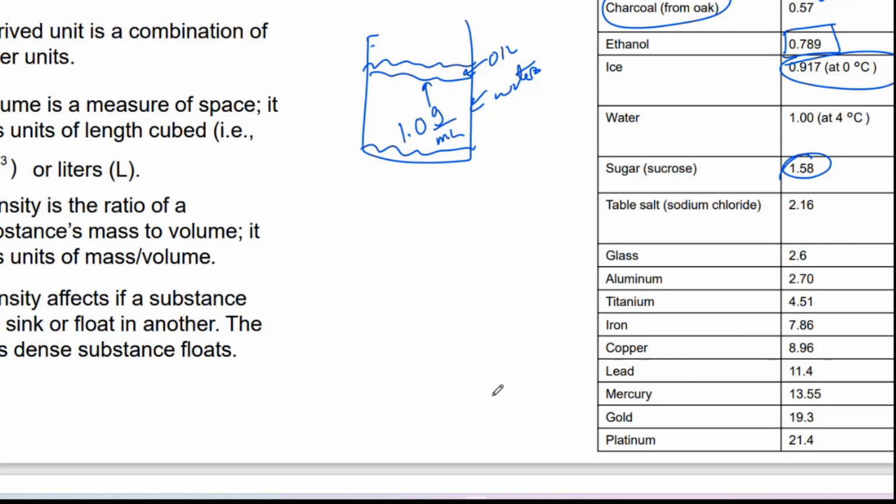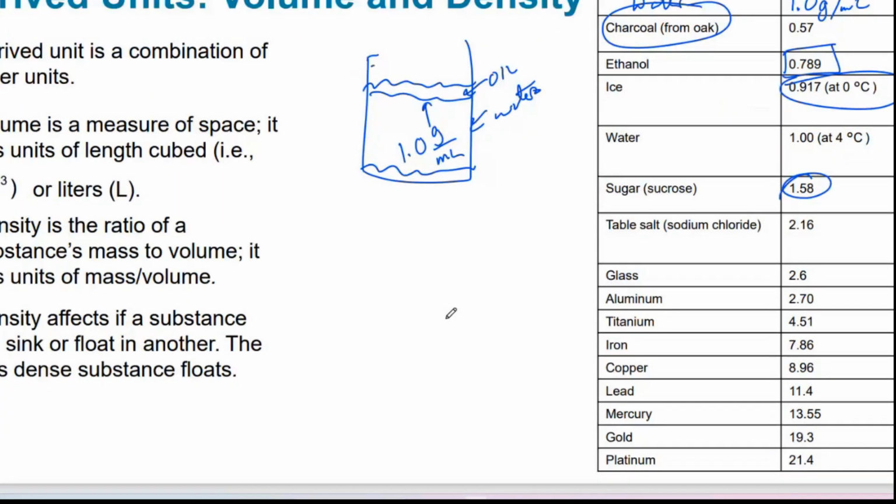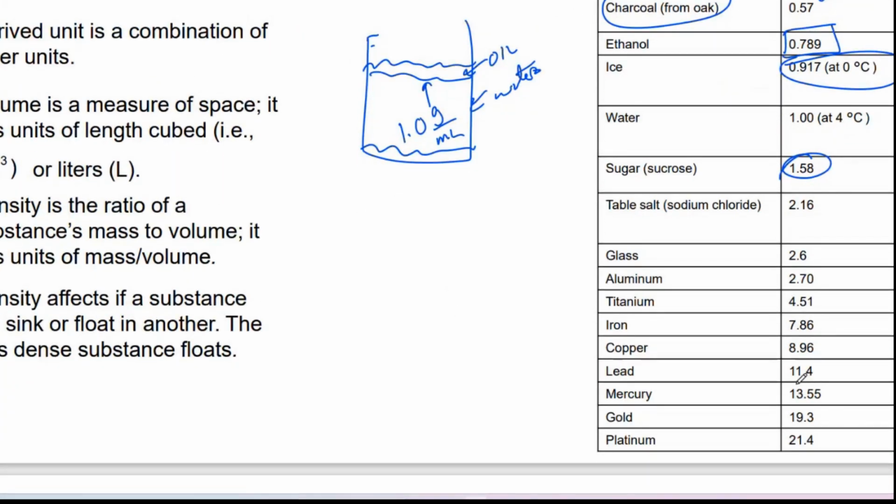So if you pick up a piece of aluminum relative to a piece of, well, you might not have a chunk of gold that large, but let's think about that. Lead, maybe you've picked up a lead weight, right? You compare a similar sized piece of aluminum to a lead weight that you might have fished with, then the lead weight is going to feel a lot heavier because it's more dense.